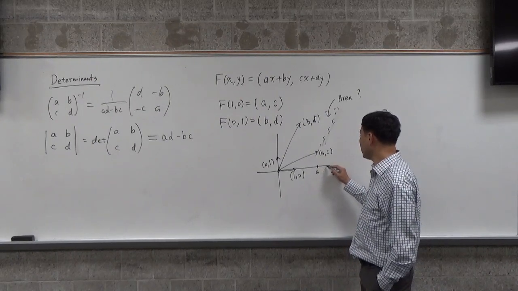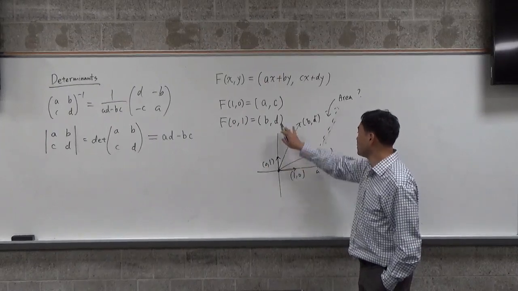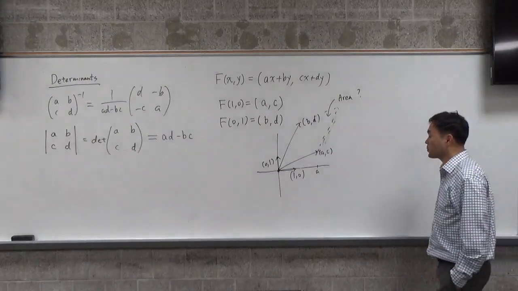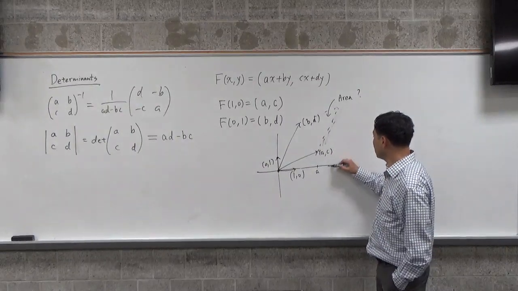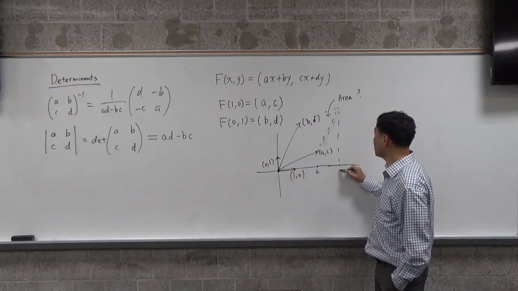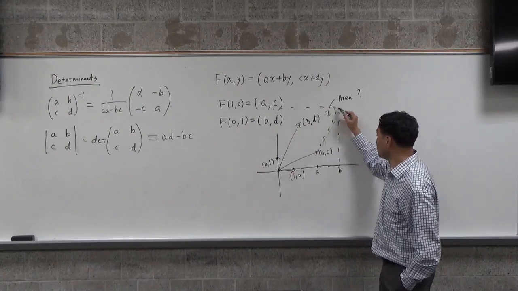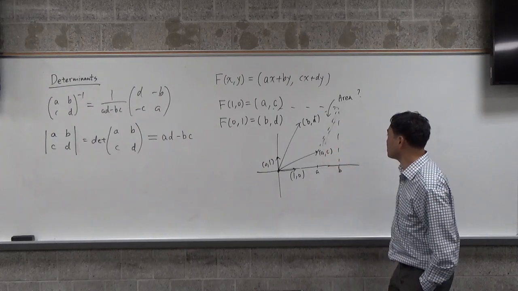This is A, C, and this is B, D. This would be B right here. Oh, no, that's not right.